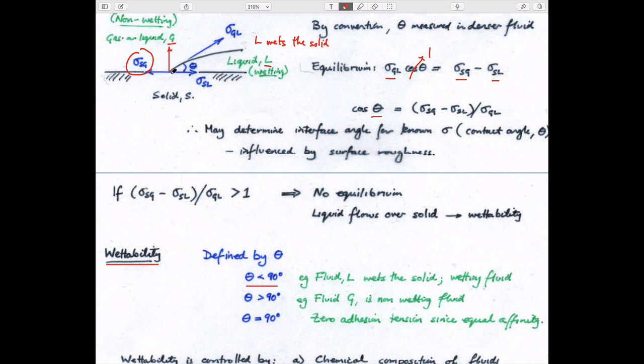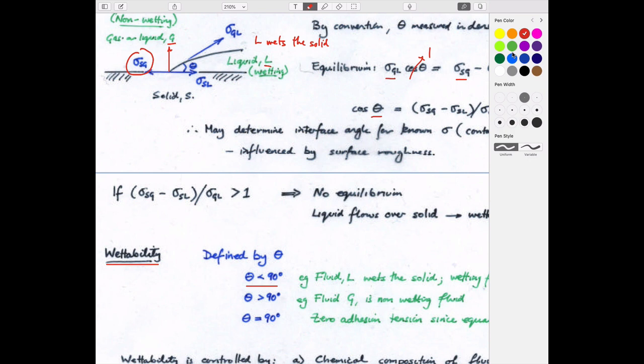If this angle is greater than that, then if I drew this out, the bubble would now look like this, right? This angle here would be theta. So this green is the contour of what the bubble would look like. It would be a bead sitting on top of the surface, and it would have a gap underneath its edge at this particular side. This is something that's non-wetting. And so you think of these in terms of hydrophilic.